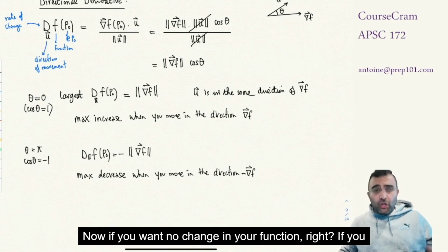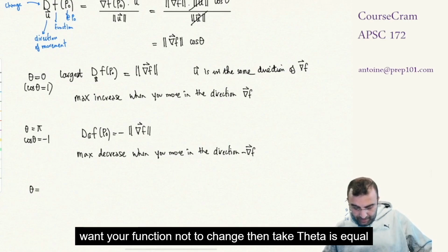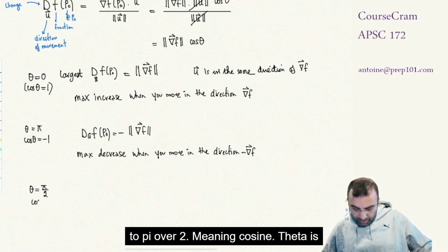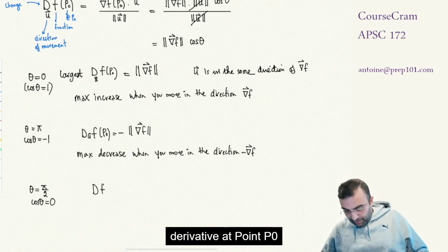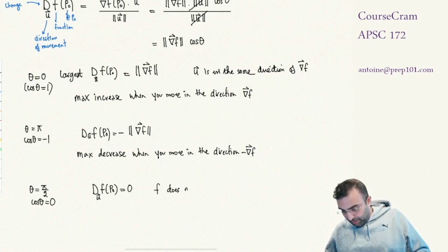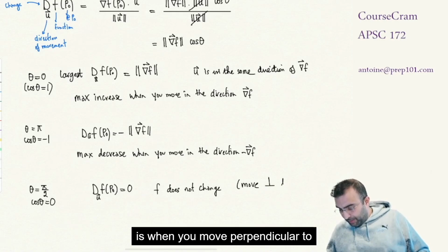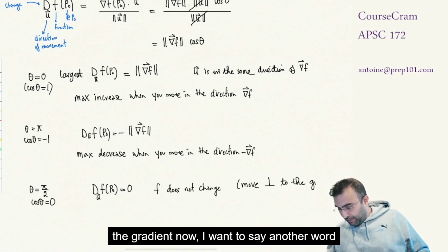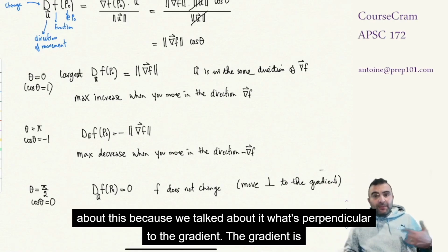Now, if you want no change in your function, then take theta equal to pi over 2, meaning cosine theta is equal to 0. That means the directional derivative at point P0 is equal to 0, so f does not change. This is when you move perpendicular to the gradient. Now, I want to say another word about this. What's perpendicular to the gradient?